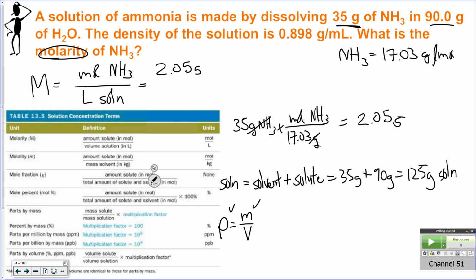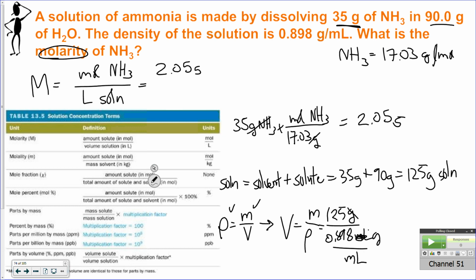When we rearrange the density equation, volume is equal to mass divided by density. The mass was 125 grams. The density is 0.898 grams per milliliter. My units are right: grams per milliliter.